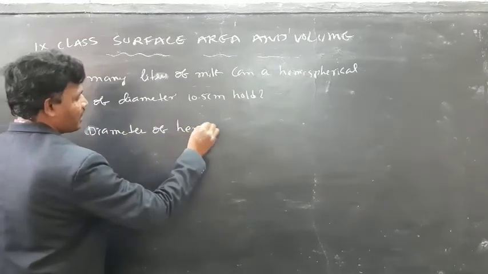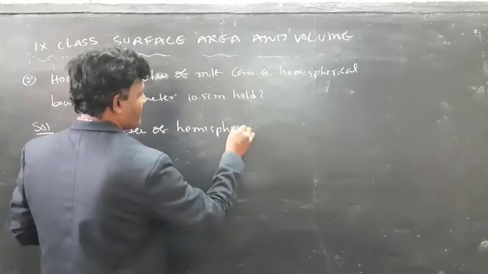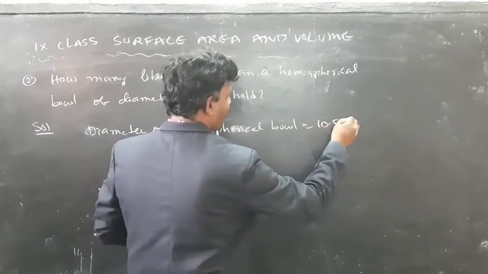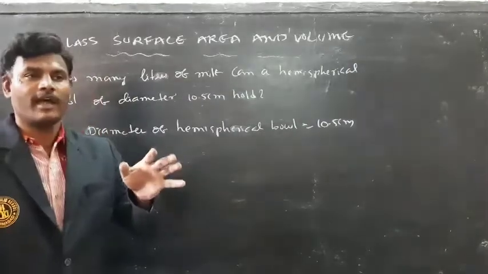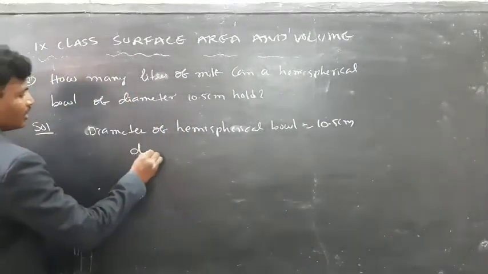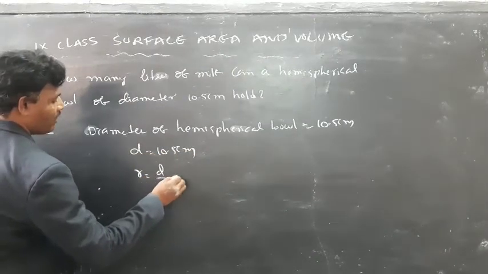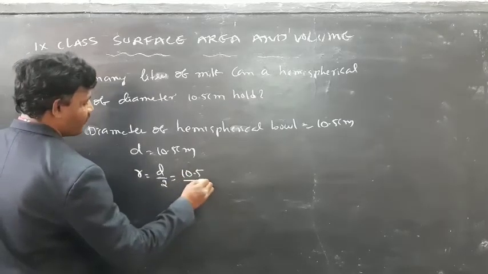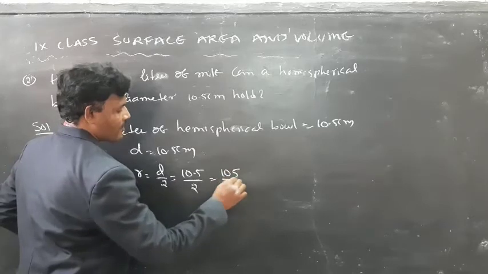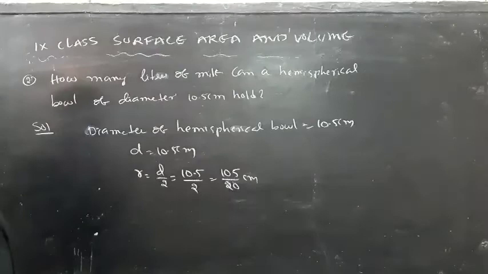Diameter of hemispherical bowl is equal to 10.5 centimeters. If you know the value of the diameter, you have to find the value of the radius. So D is equal to 10.5 centimeters. R is equal to D by 2 is equal to 10.5 by 2. I am converting it as a fraction, nothing but 105 by 20 centimeters.